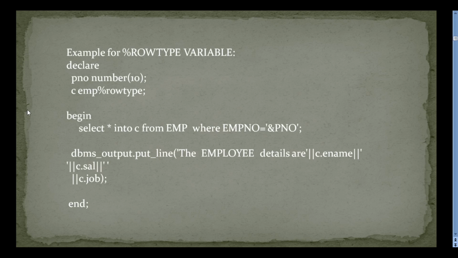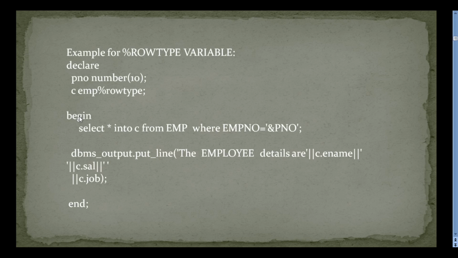Just see this. Here I declared one variable PNO of number 10, and c, which is the row type variable of the table employee, %ROWTYPE. This is called a record type variable, so this represents the entire row from the employee table.